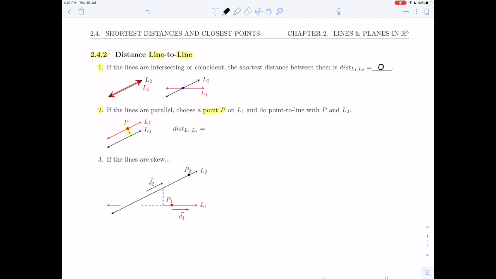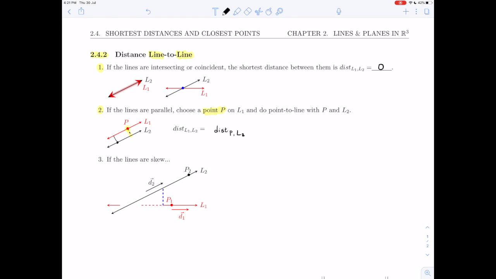So the distance between lines works out to be the same as the distance from a point to a line, from point P to L2. And you could do this the other way around as well, right? You could choose a point on L2 and do the distance to L1. It doesn't really matter which way you choose it.